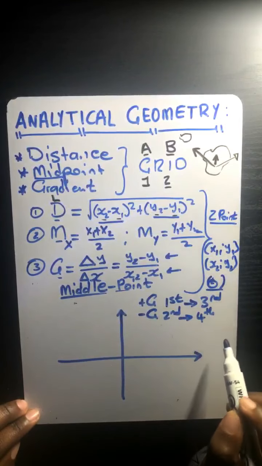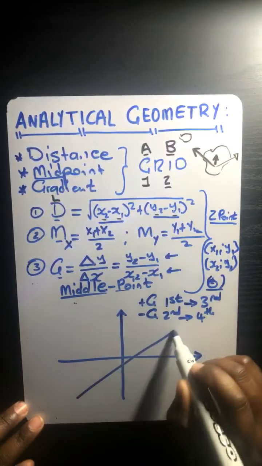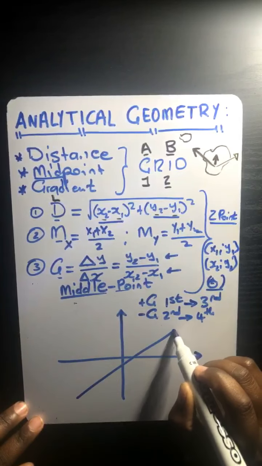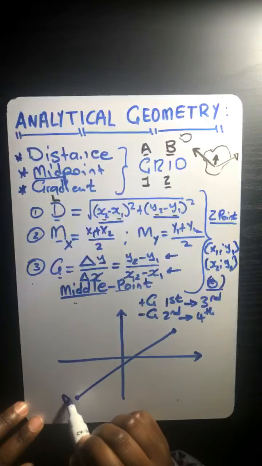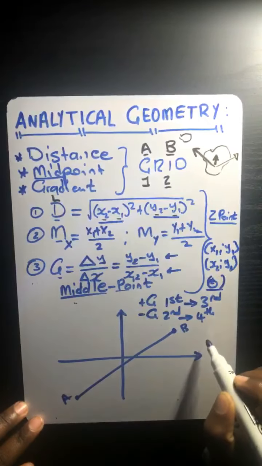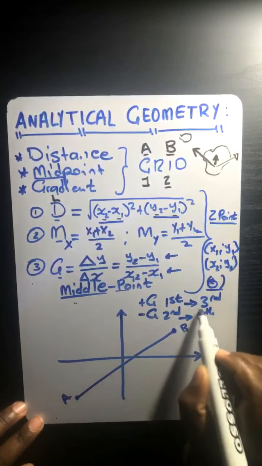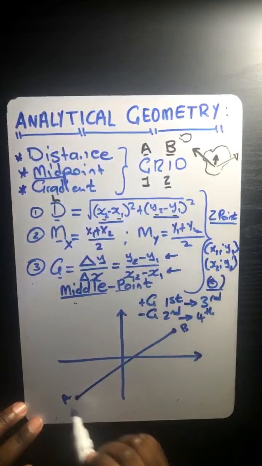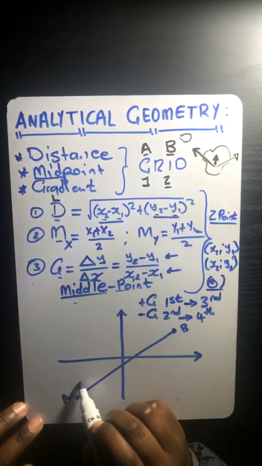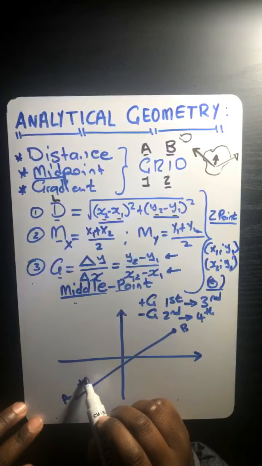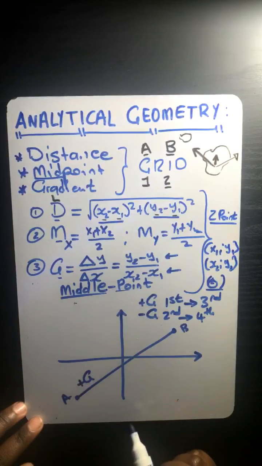What am I saying there, guys? I'm saying this straight line could be a line from point A to point B. Because it passes through the first quadrant and the third quadrant, when you calculate the gradient, ladies and gentlemen, it has to be a positive gradient.